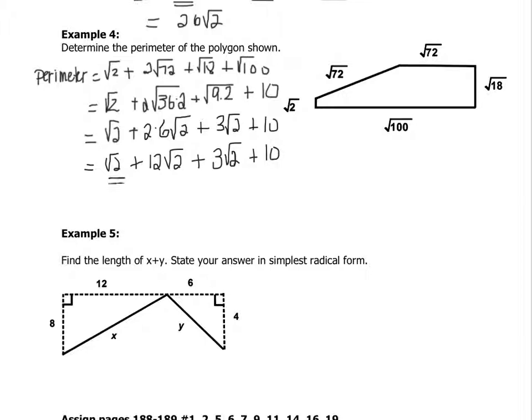And then the root 2's are all like, so you can add those. This one would be understood to be a 1 root 2, plus 12 root 2 is 13 root 2, plus another 3 root 2 is going to be 16 in total root 2's plus 10. And this would be considered the exact answer.